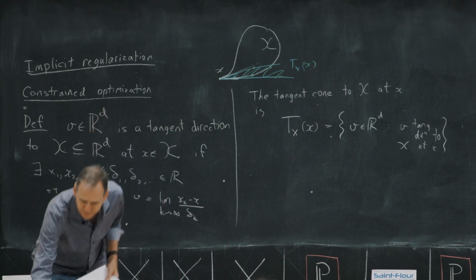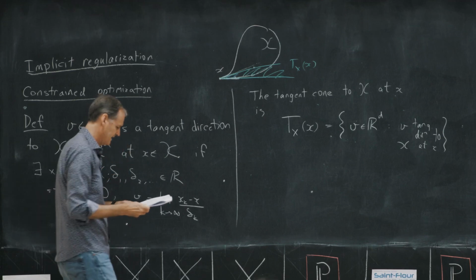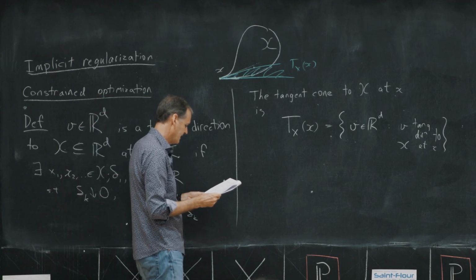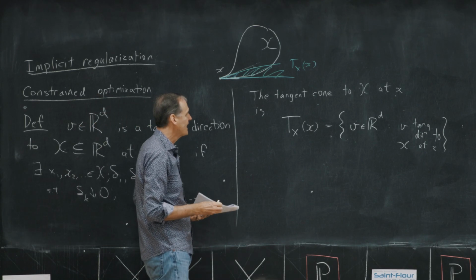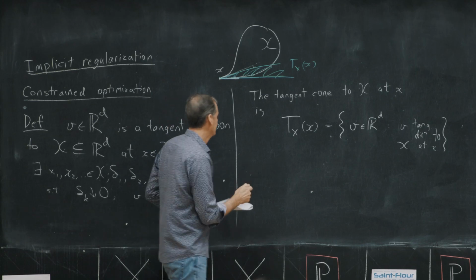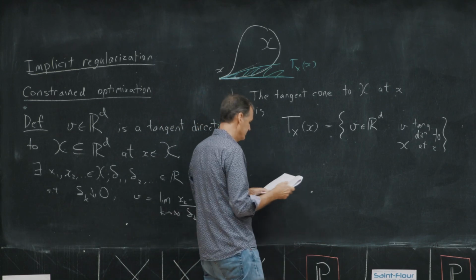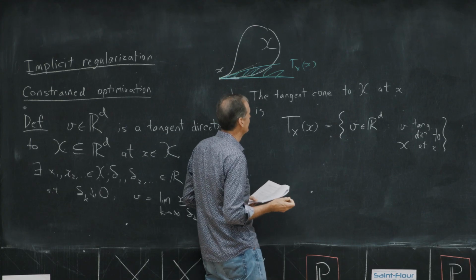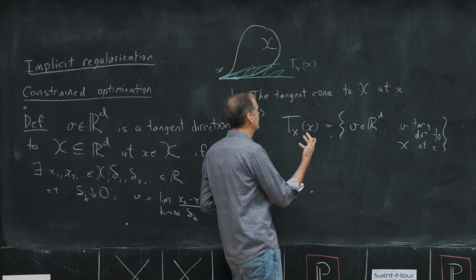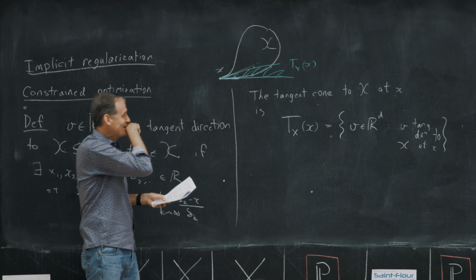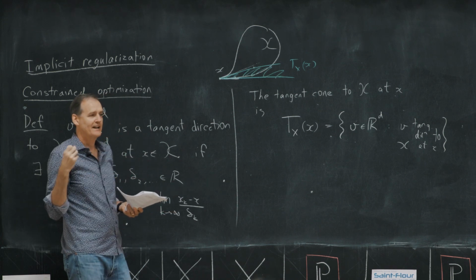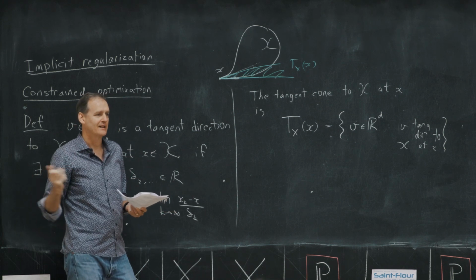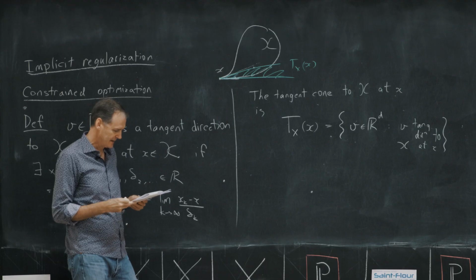A cone has the property that all positive expansions are included. So a set is a cone if for every point x in that set and every positive alpha, alpha times that point is also in the set.